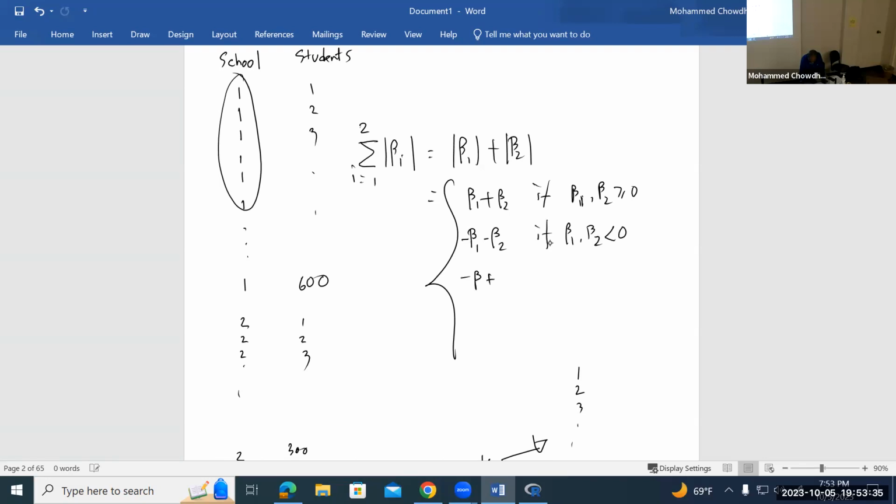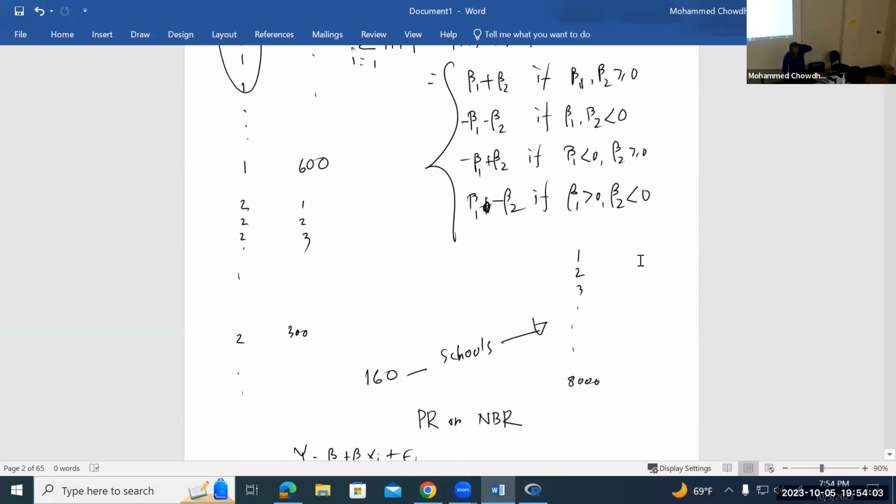Minus beta 1 plus beta 2 if beta 1 is less than 0 and beta 2 is greater than or equal to 0, and beta 1 minus beta 2 if beta 1 is greater than 0 and beta 2 is less than 0, right? This is the scenario, because this is the absolute sum. So you are getting 4 lines here.